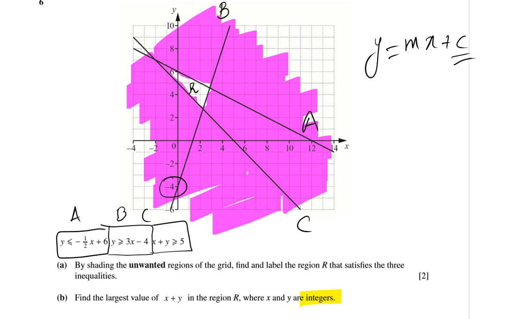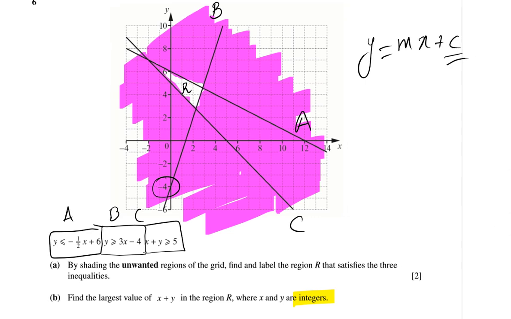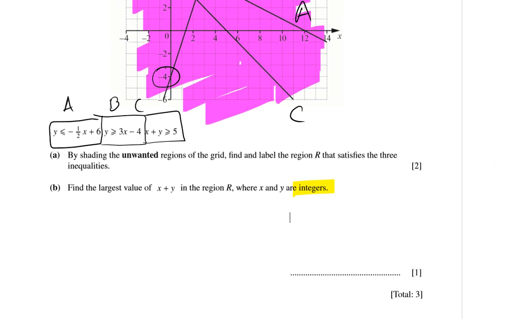This is definitely my answer. 2 comma 5. So 2 comma 5 is my answer, 100%. Find the largest value, that is 7, from 2 comma 5.